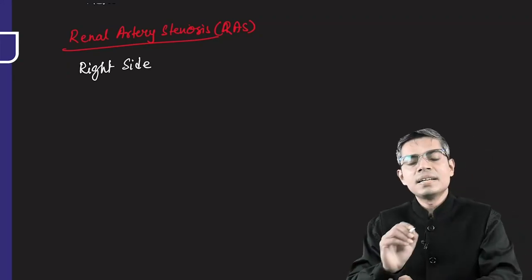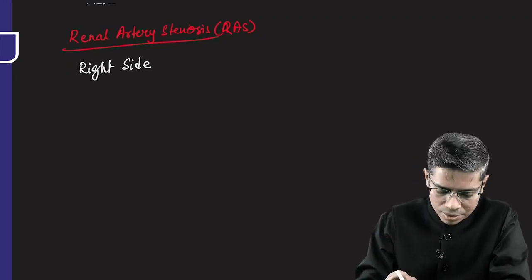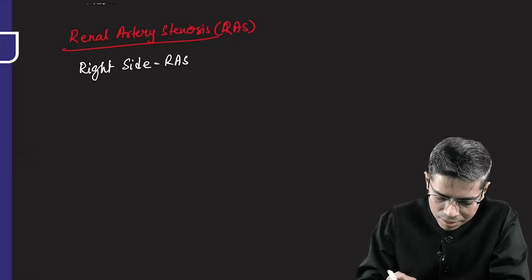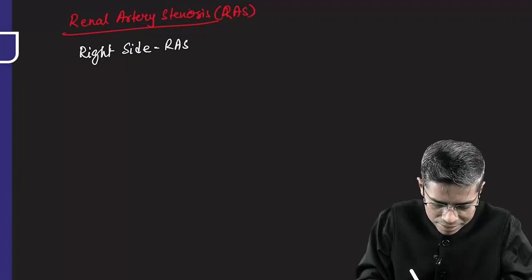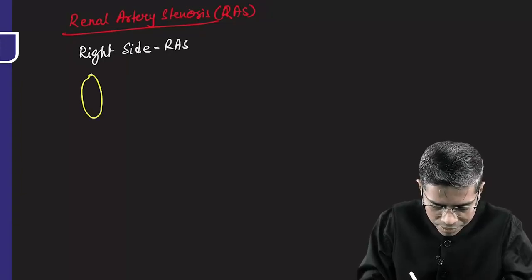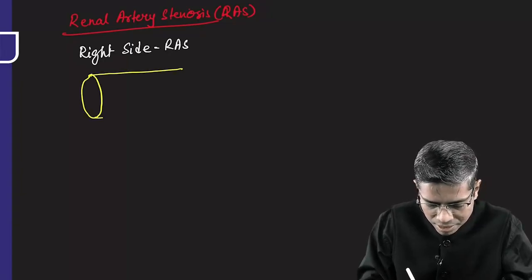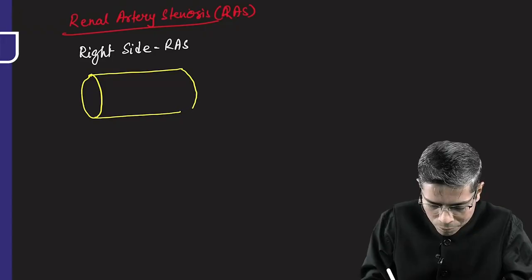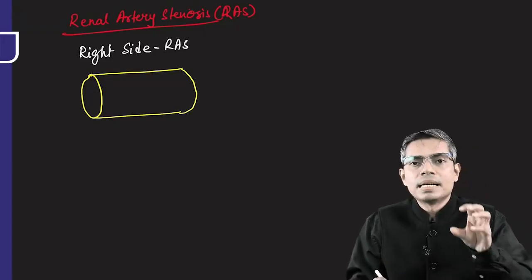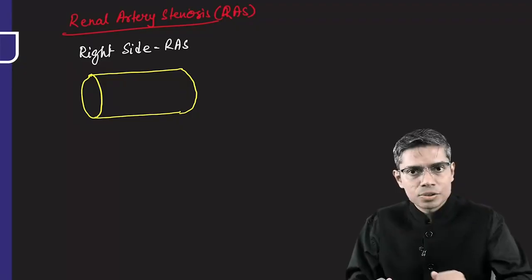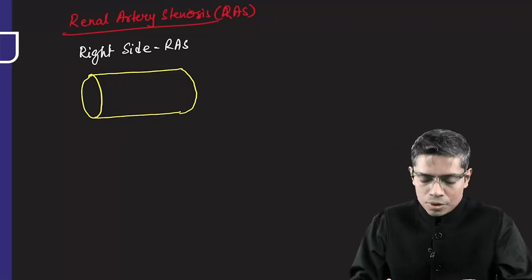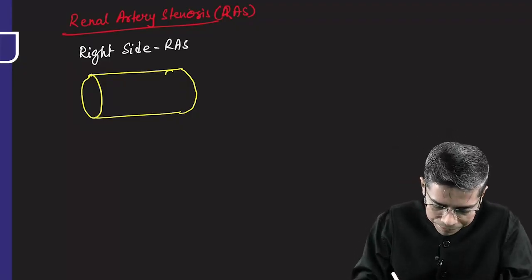Right side renal artery stenosis. So if I draw a schematic diagram, suppose this is the right-sided renal artery. Could you recall that it is the renal artery which is ultimately giving rise to the afferent arteriole. So the JG cell will be located at the level of the afferent arteriole.